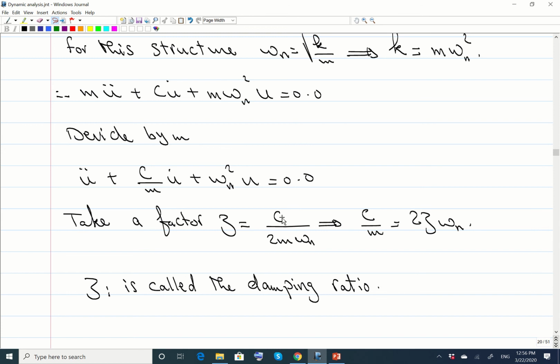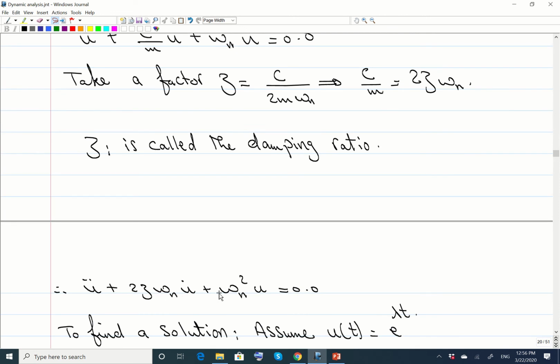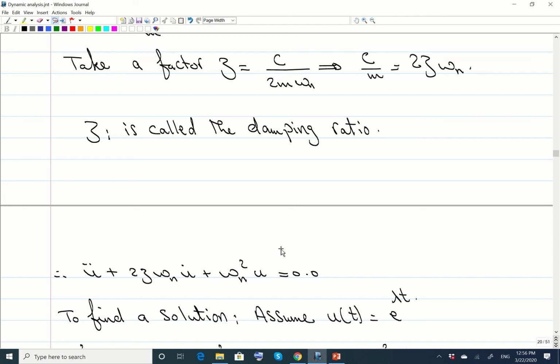I will remove c over m and put 2 zeta omega n. So the equation now is u double dot plus 2 zeta omega n u dot plus omega n squared u equals 0.